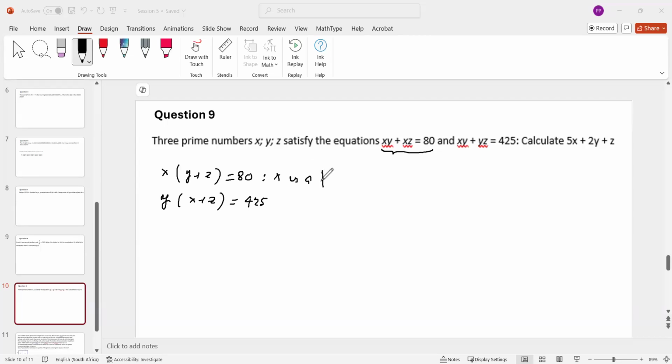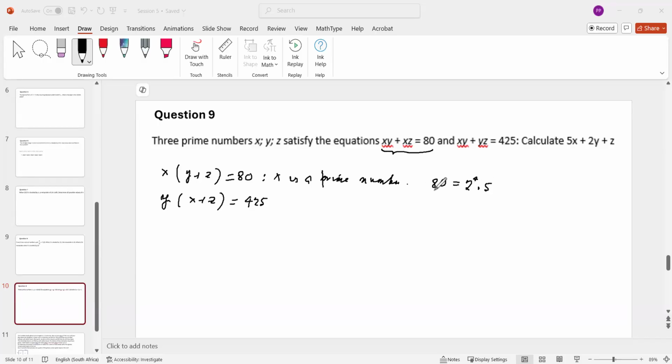But remember, x is a prime. I'll write down x as a prime number. So you have to see what are the prime factors of 80. When you factorize it, it is 16 times 5, and 16 is 2 to the power of 4. And 2 and 5 are prime numbers.